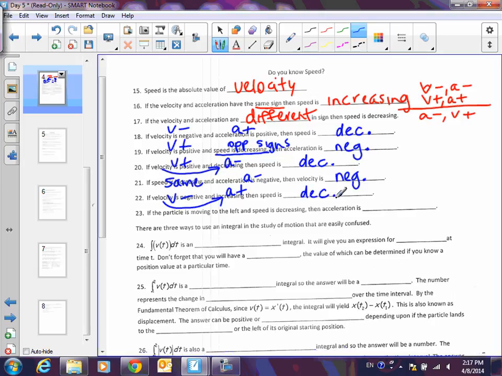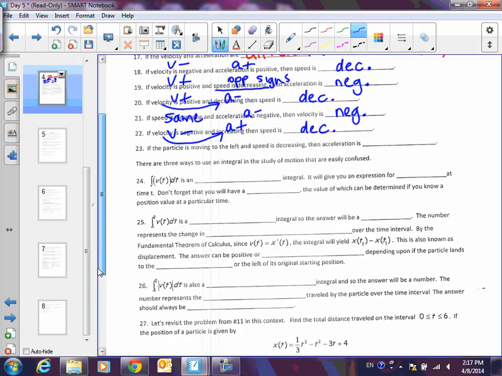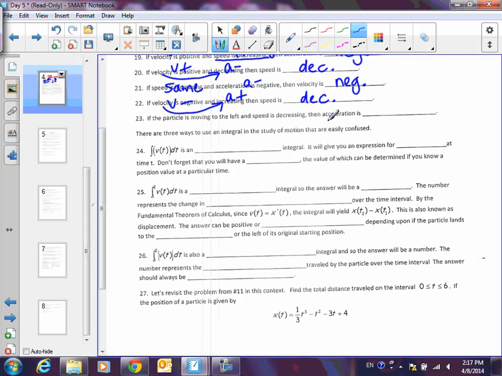It's really easy to get turned around on this. And some of you look confused right now. I'm not even in my mind imagining velocity and acceleration. All I'm doing is listing out what they tell me and using the fact that opposite signs means speed's decreasing. Same signs means speed's increasing. I'm just using that rule. All right, so what about 23? Who got it? What do you got? Negative?